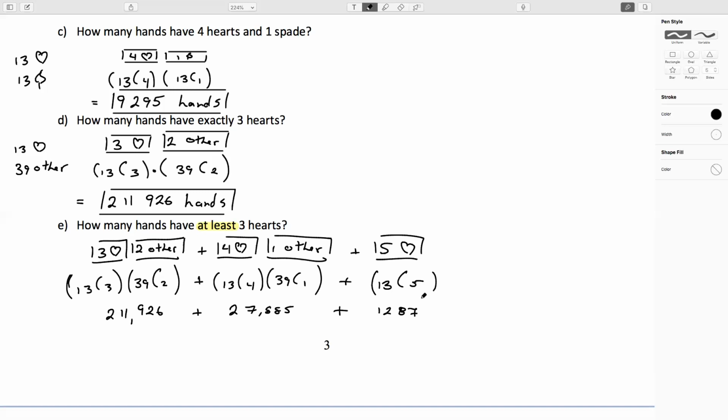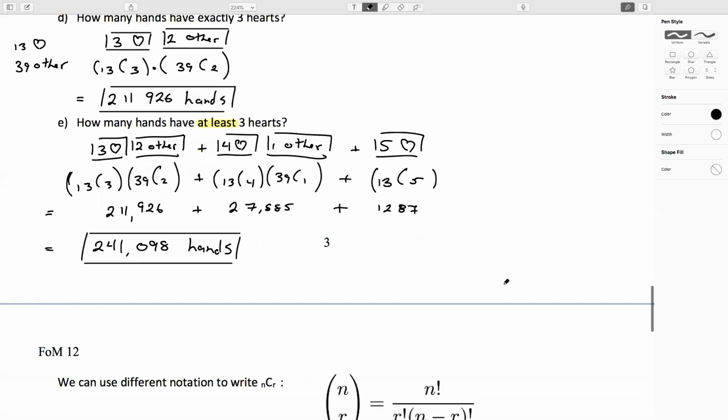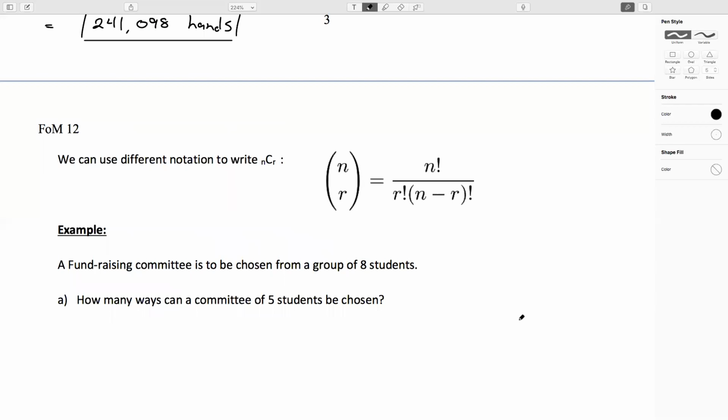If we add all of those up, we have a possible 241,098 hands that meet our criteria. So this is going to be the harder type of question because we have to use cases. All right, we're almost done.